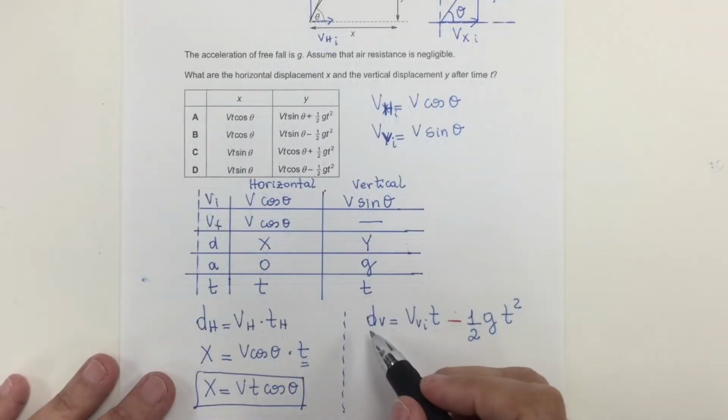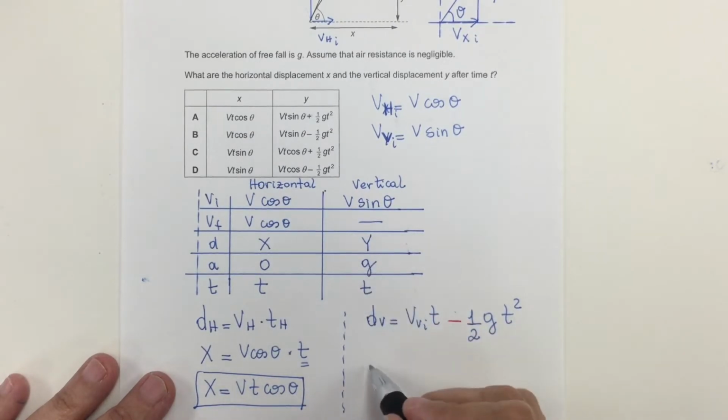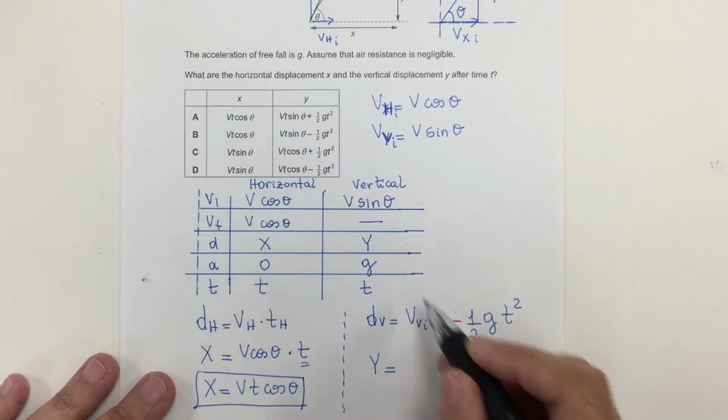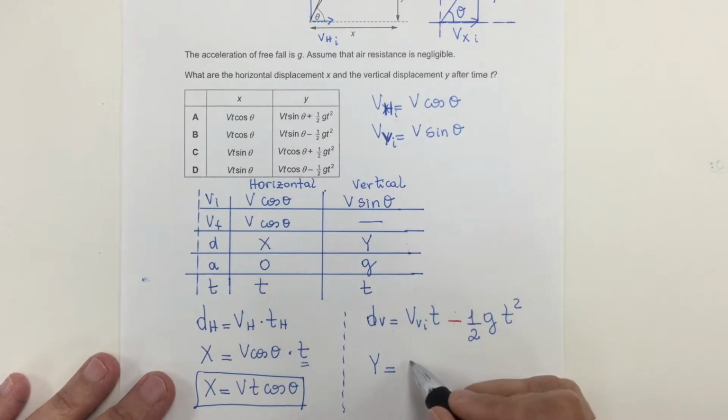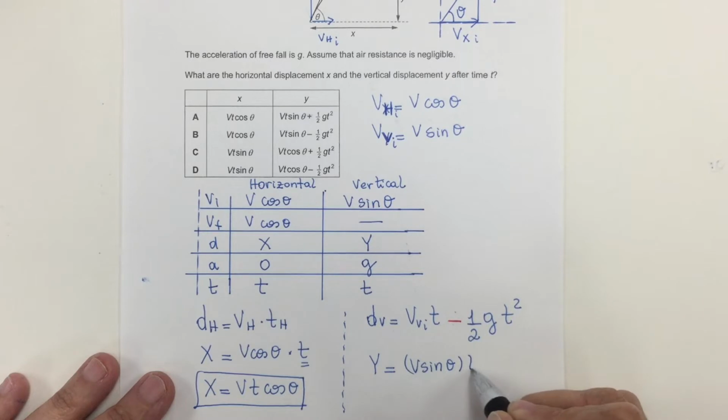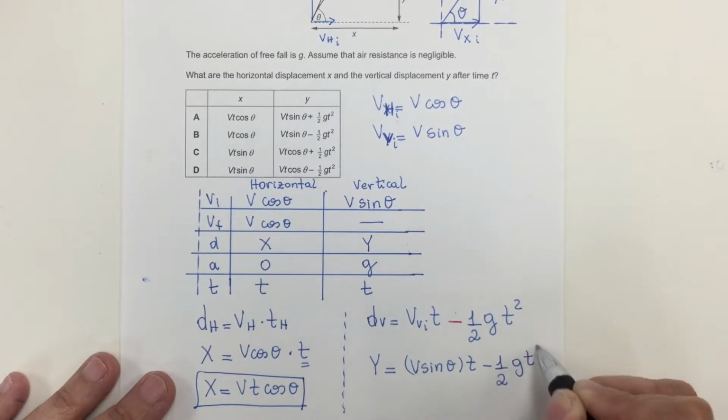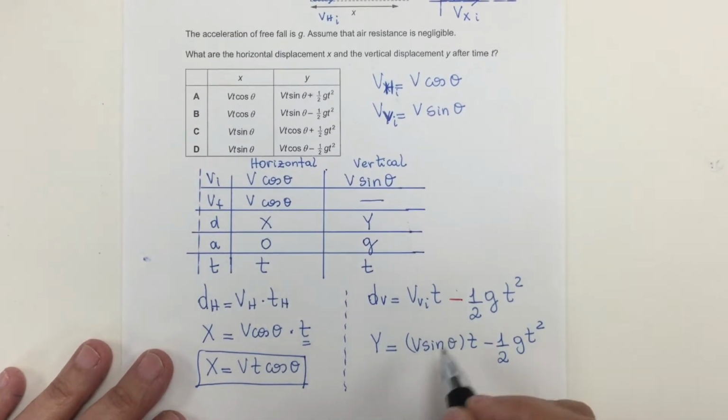Is this okay? So my d_v here is y. My v_i is v sine of theta times t, minus half g t squared. So again, I'm going to move this t to the front.